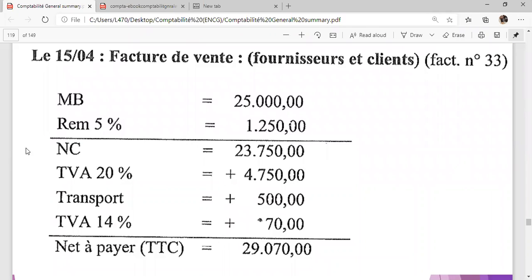If we had NF, we're going to find it for NF. If we had NC, we're going to find it for NC. In this case, we have NC, 23,750, and 20% of that is 4,750.